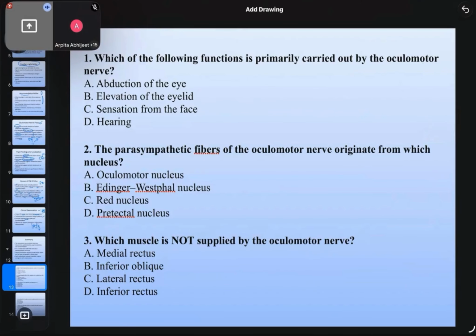I want someone to read the first one. Yes, Ryan, go ahead. Which of the following functions is probably carried out by the oculomotor nerve?